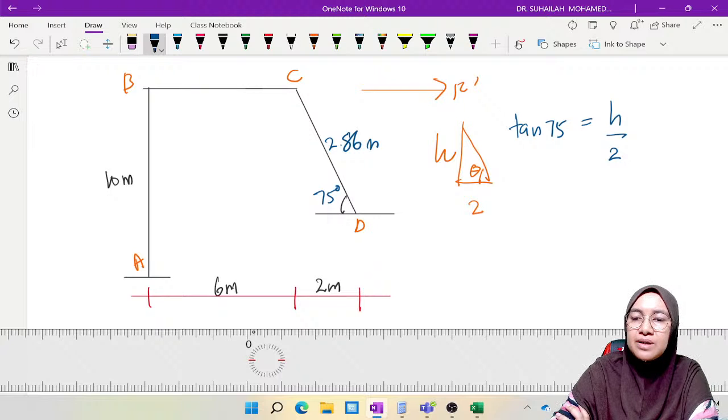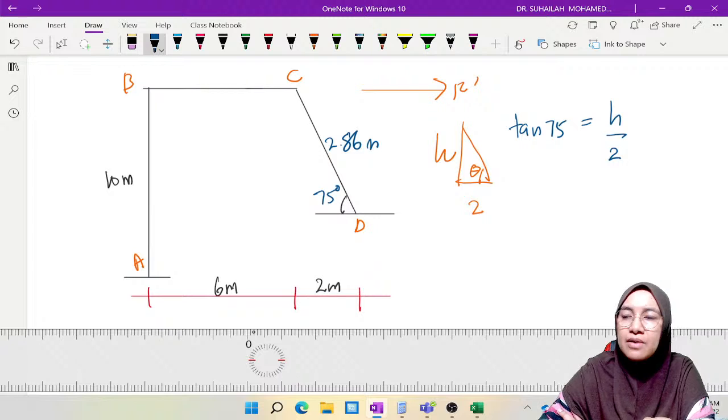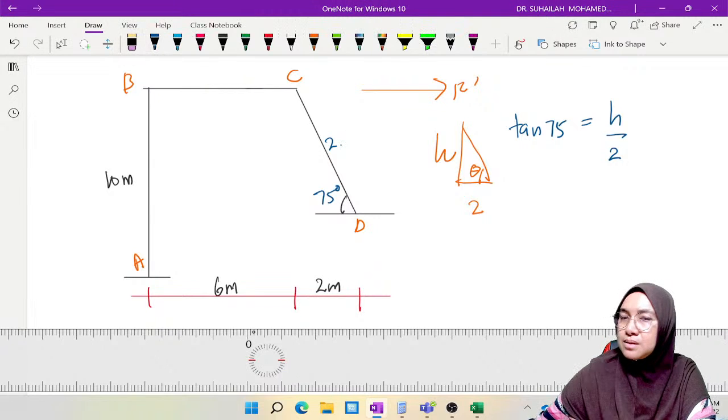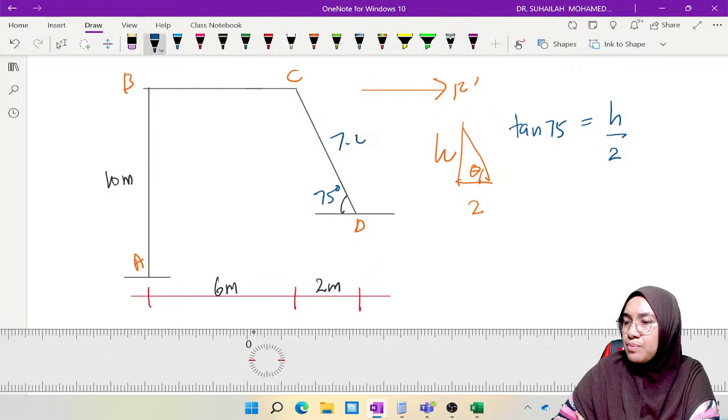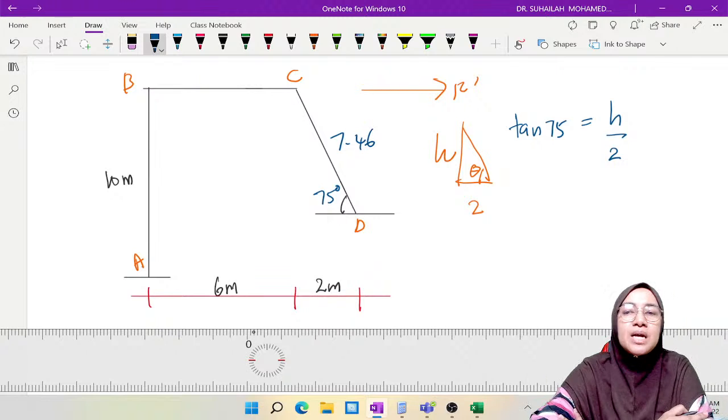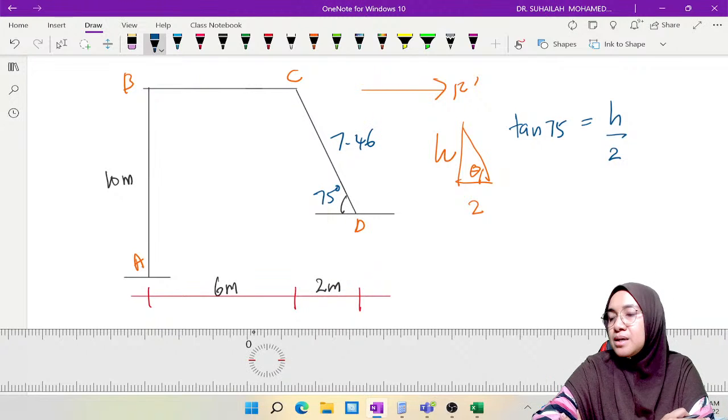Tangent 75 times 2, we get 7.46. So CD length is 7.46.